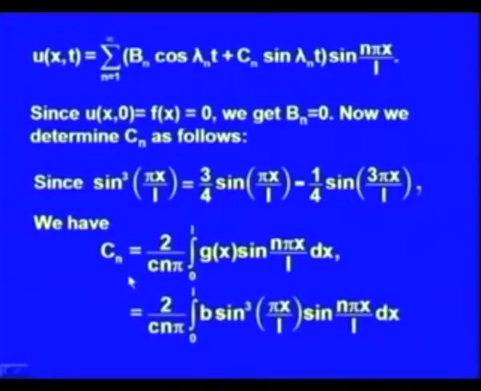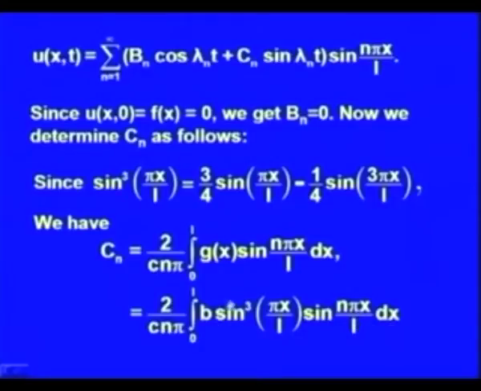So, we know that C_n is given by 2 over (c n π) integral 0 to L g(x) sin(nπx/L) dx. Let us put the value of g(x). We are given that g(x) is equal to b sin cube(πx/L). So, C_n is equal to 2 over (c n π) integral 0 to L b sin cube(πx/L) into sin(nπx/L) dx.